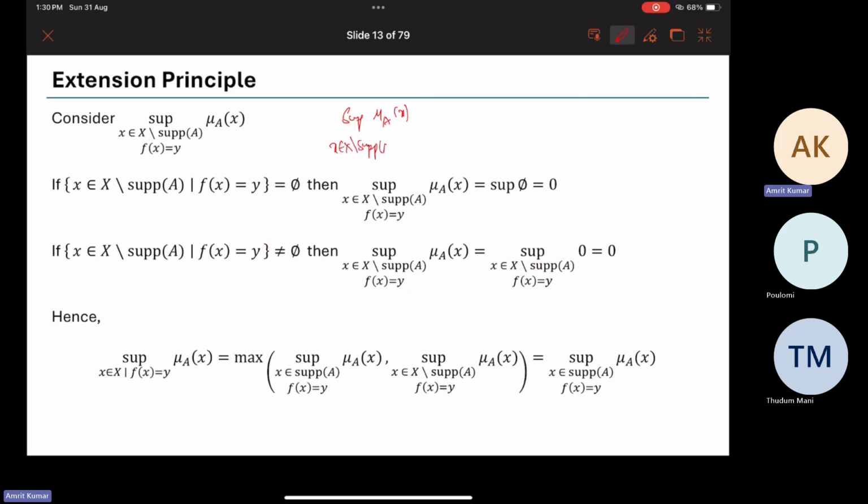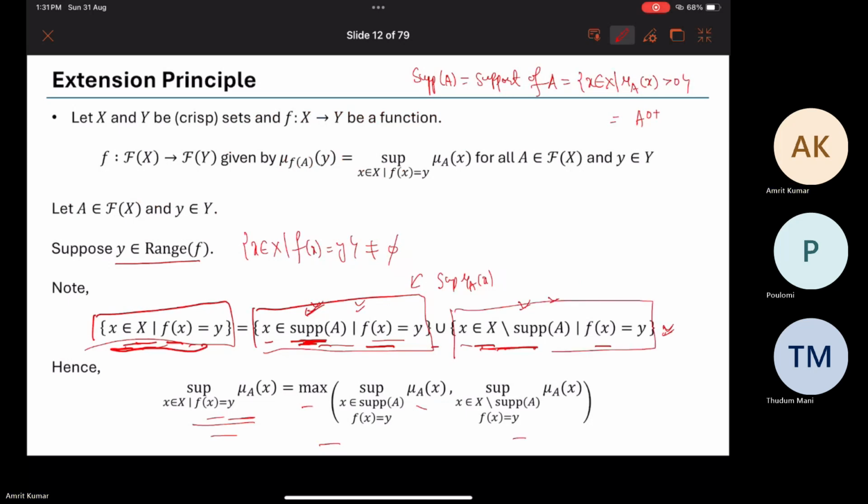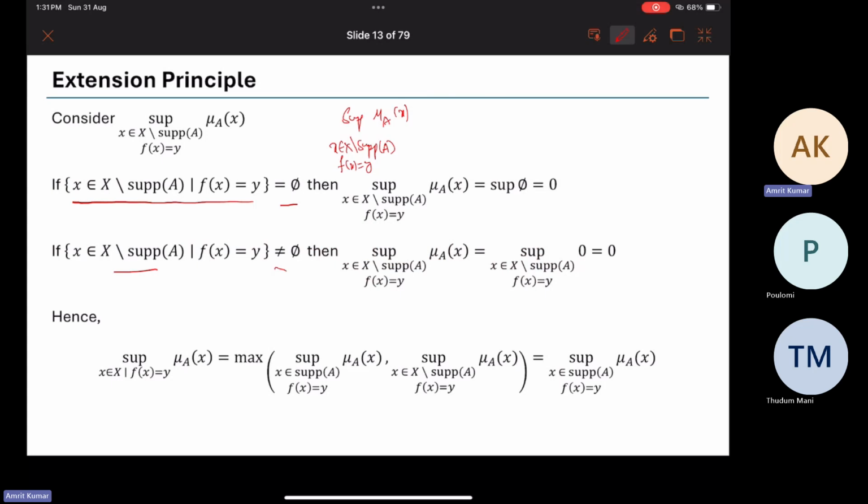We want to see what it becomes. Now there are two possibilities. Either this set is empty, or it is non-empty. So this set of all x in X minus support of A such that f of x equals y is either going to be empty or non-empty.